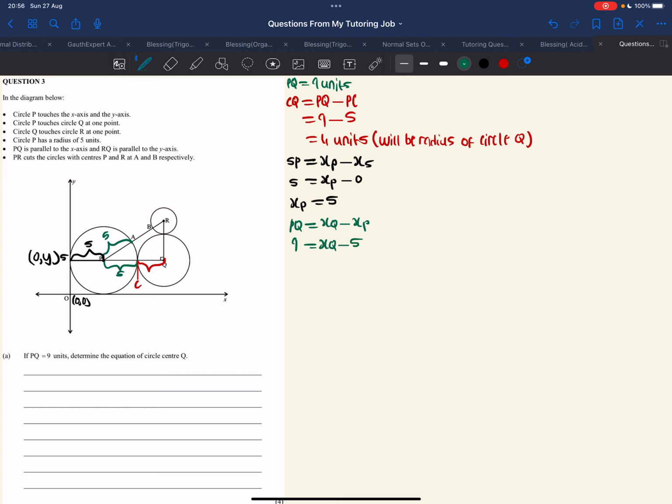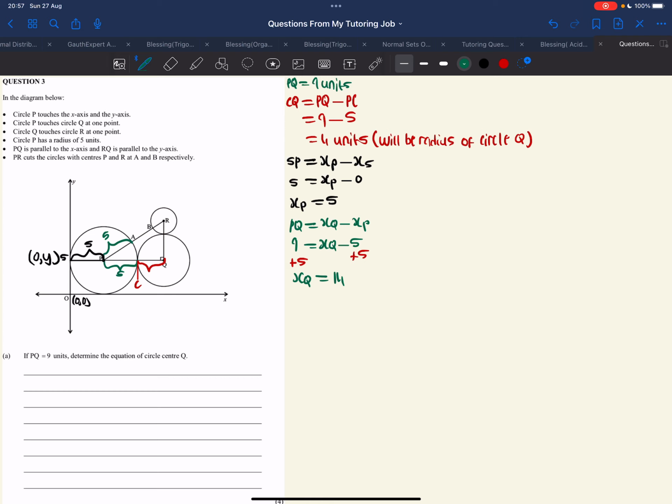To find XQ, we're just going to add 5 on both sides, and then we're going to have the X coordinate for Q to be 14. All right, now we're going to look for the Y coordinates.